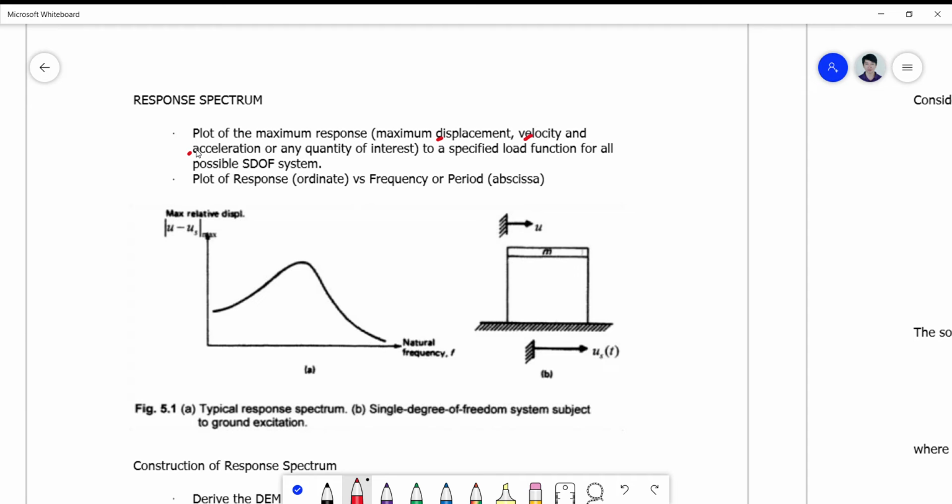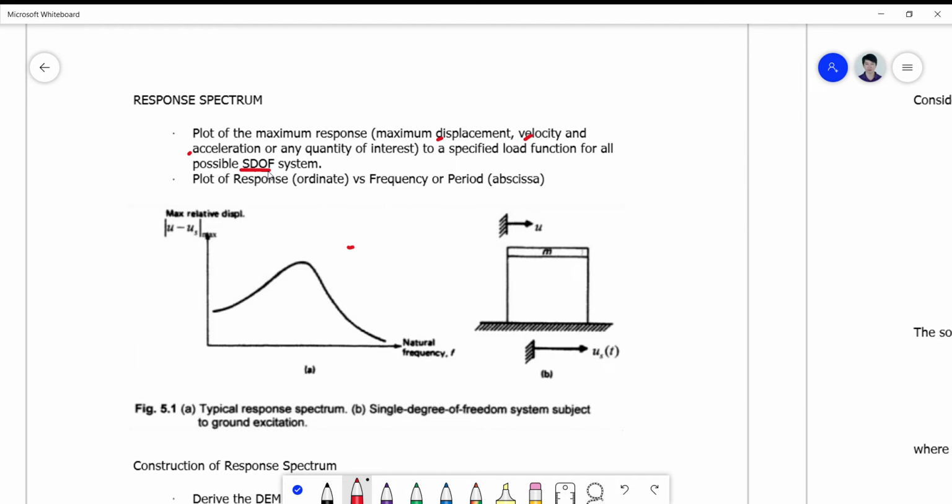So this again is a plot of the response versus a specified mode function, considering all possible single degree of freedom systems, because we have to represent later the MDOF system in terms of the SDOF system for simplicity in calculation. So our basic requirement for constructing a response spectrum is the SDOF system.